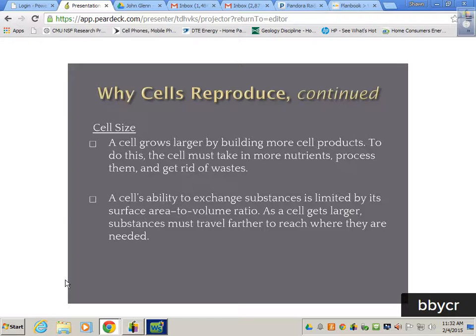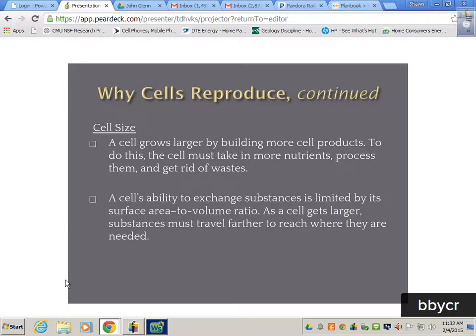All of that making of cell products requires energy and nutrition. A cell's ability to exchange substances is going to be limited by that surface area to volume ratio. And as the cell gets larger, substances must travel farther to reach where they are needed.